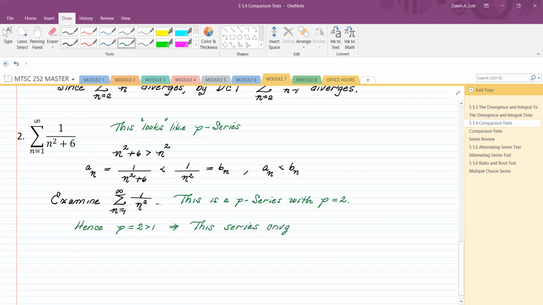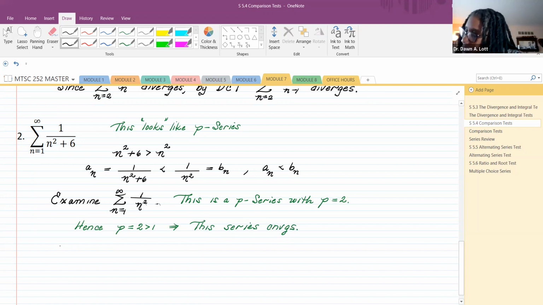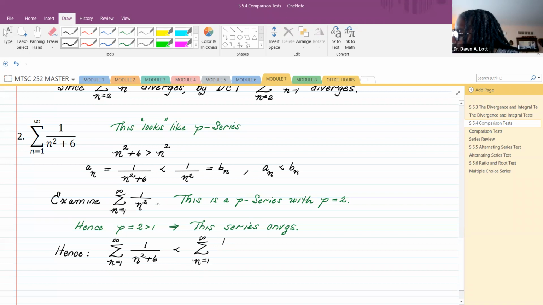Okay. Hence, now we have the summation n equals 1 to infinity of 1 over n squared plus 6 is going to be less than the summation n equals 1 to infinity of 1 over n squared, which converges.